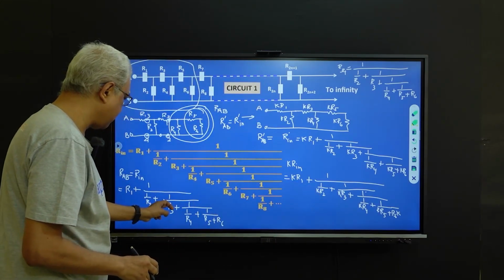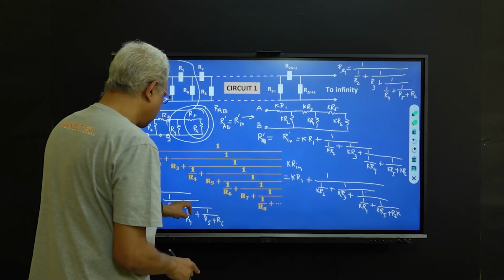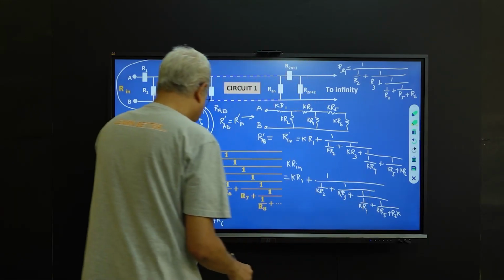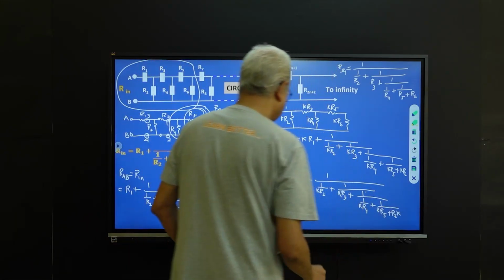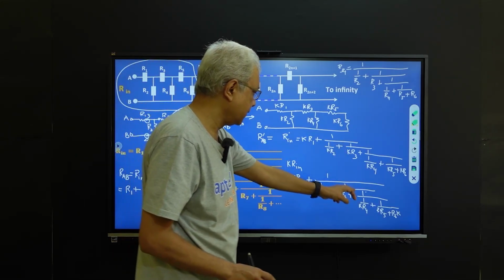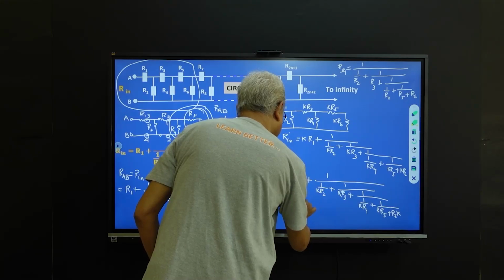And here also I have to multiply, so KR3, and this K comes in here, and KR5 plus KR6. But what is this? This is this expression. So it is nothing but R dash AB.